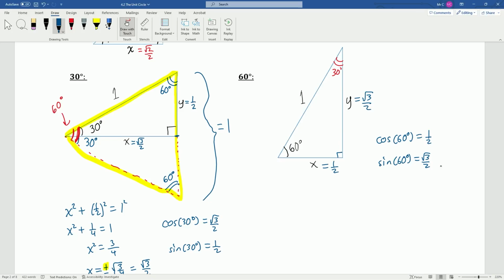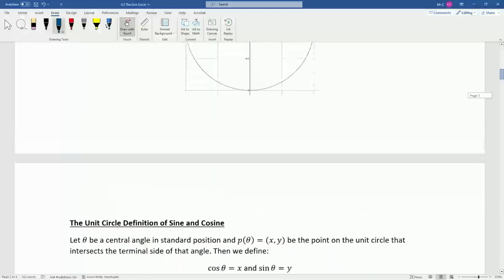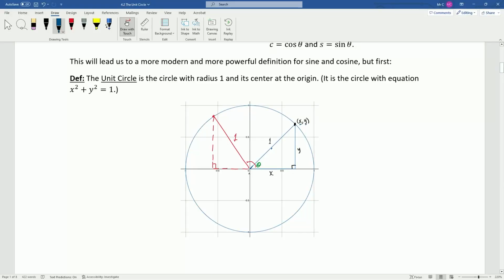Okay, so essentially what we've done is figured out all of the angles inside of the first quadrant that we typically write on our unit circle. Now keep in mind, I want to be really clear about something. The unit circle is just a circle with radius 1 centered at the origin. So there are infinitely many angles here, right?